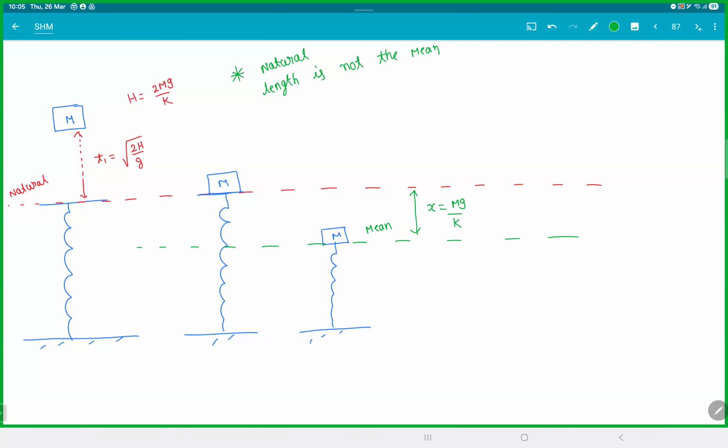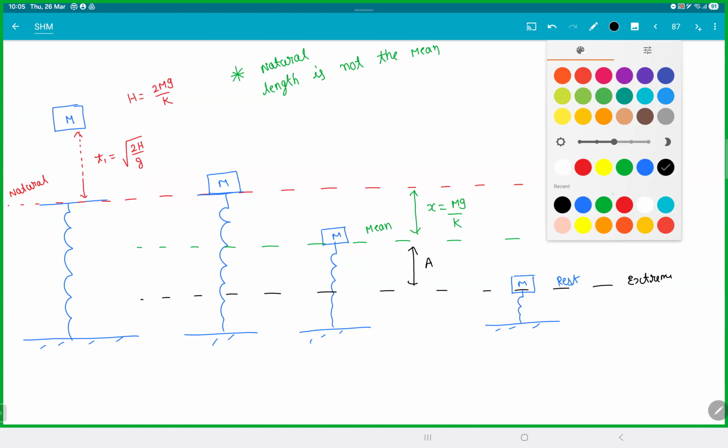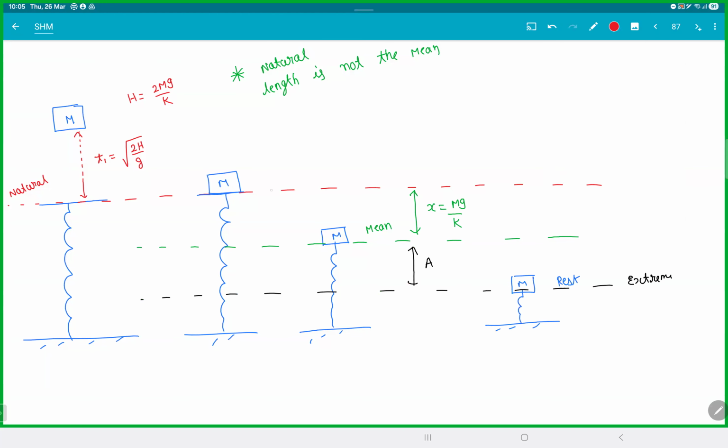You're getting the catch? Then the block will still go further and eventually it will stop. This is your extreme position, and this would be your amplitude. So now the problem is, from this natural length to here, this time is t2, which I don't know.